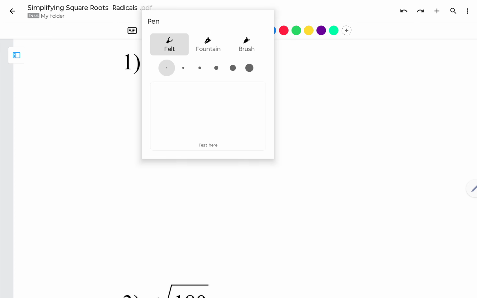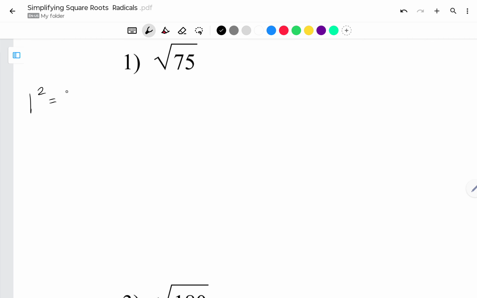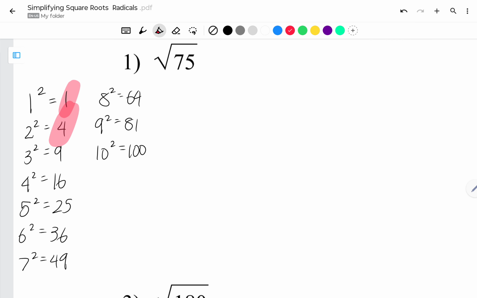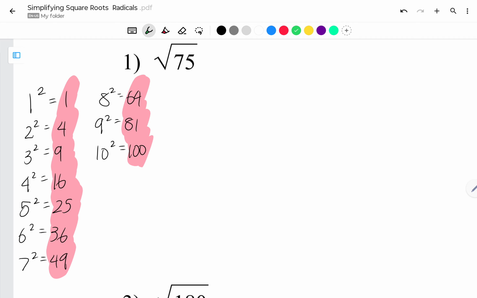Just look at what I'm writing and understand. 1 squared is 1, 2 squared is 4, 3 squared is 9, 4 squared is 16, 5 squared is 25, 6 squared is 36, 7 squared is 49, 8 squared is 64, 9 squared is 81, and 10 squared is 100. All of these numbers, the ones highlighted in red, are called perfect squares.